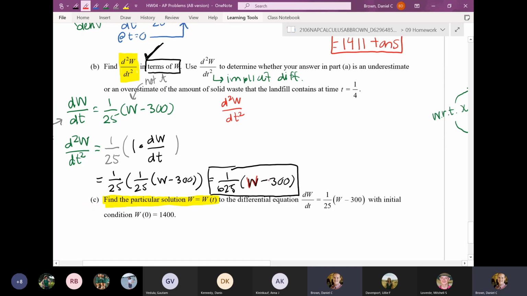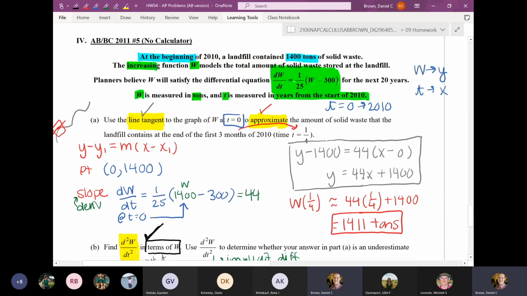So I do see it's w minus 300. Well, we need to figure out, is that always going to be positive or negative? And we can use some clues from the problem. It tells us the initial is that 1,400 tons, and that graph is always increasing. Well, if we're at 1,400 tons and the graph is always increasing, that is going to be the smallest value of waste in it. It's always going to be increasing from there.